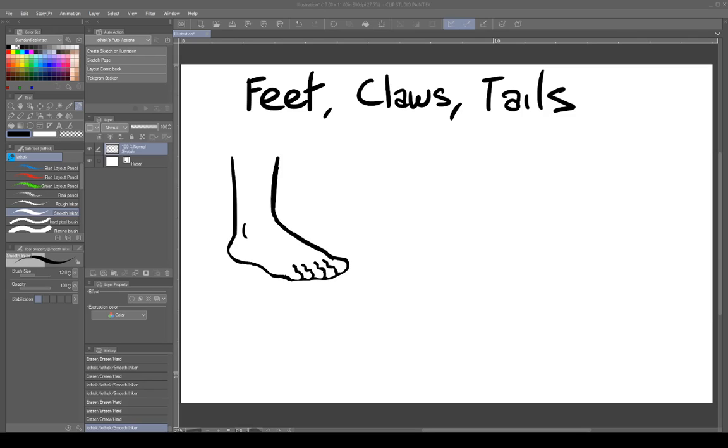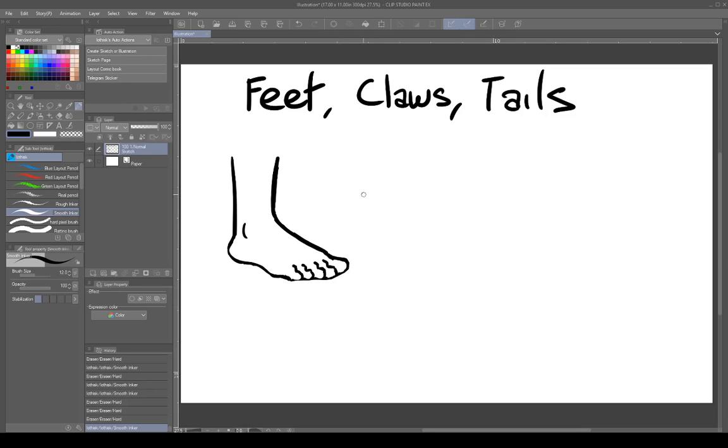Right here, I've drawn a simple human foot. I was just talking about this with Fluffle, that the general shapes of things from the outside can betray the complexities that lie underneath. A foot is a collection of forms.